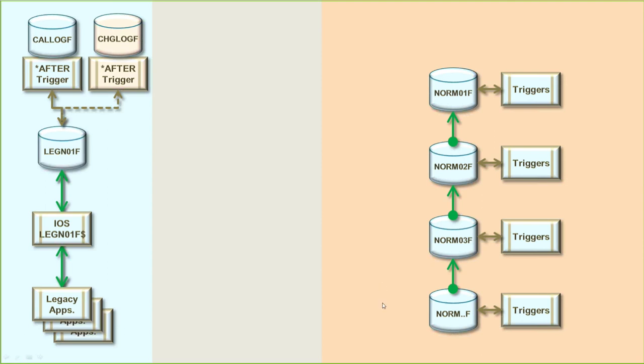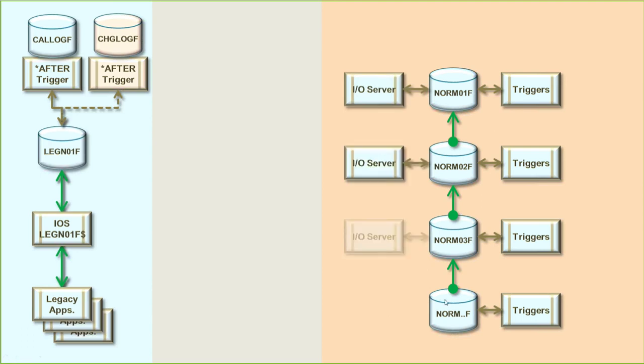The next step, now believe me, a lot of this is cut and paste, so it actually goes quite quickly. The next step is to create an I/O server for each one of these normalized data files. And pretty much cut and paste stuff using the newest version of the I/O servers that you've got with the inboard pointer and you create that.